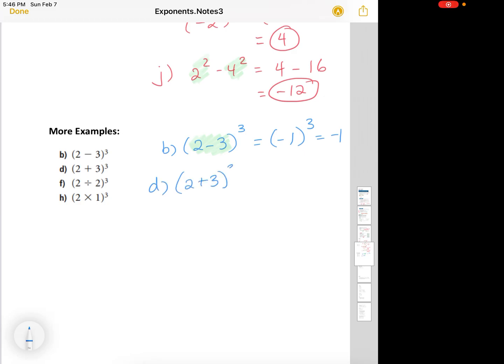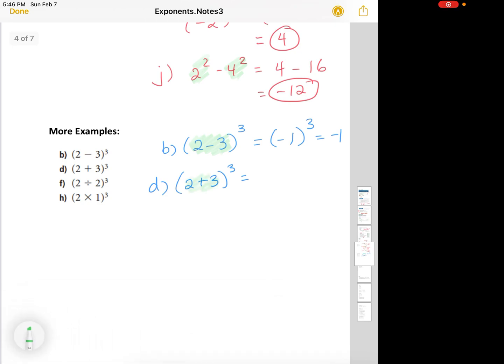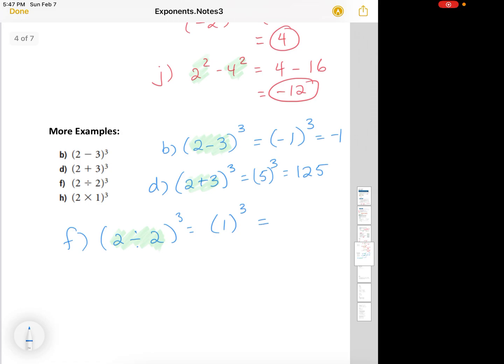D, 2 plus 3 cubed. Again, we do what's in the brackets first. So we're going to have 5 cubed, which is 125. F, 2 divided by 2 cubed. Again, we do what's in the brackets first. 2 divided by 2 is 1.